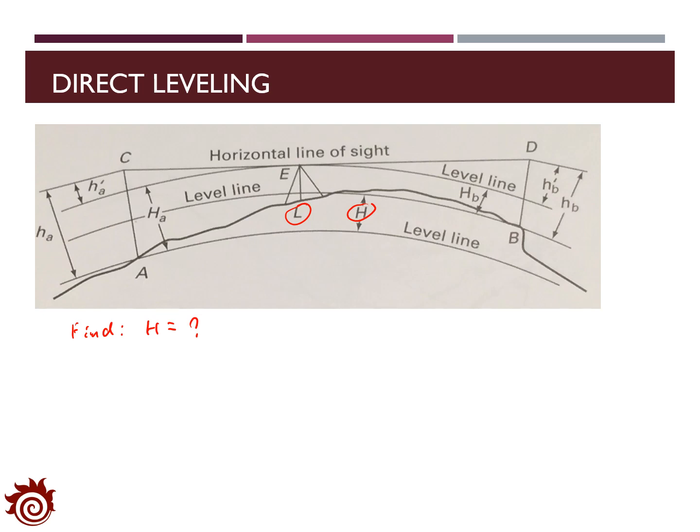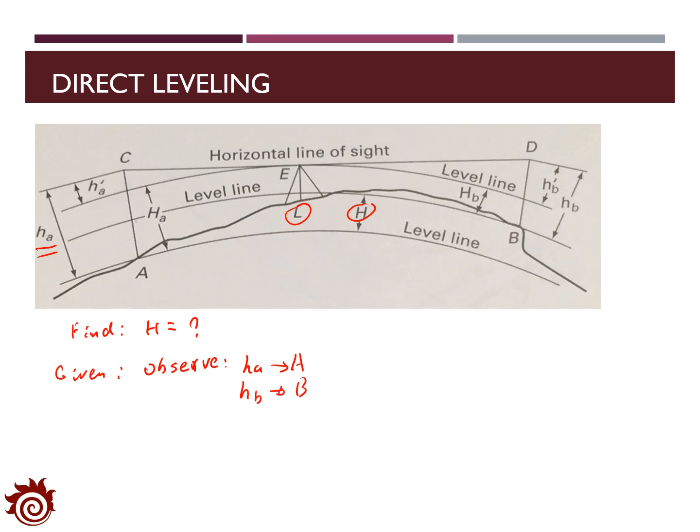From the leveling transit, we will observe the readings at the rod in point A and the reading at point B. We see the reading at point A is HA, which is the observation at A, and we also have the observation at B as HB.